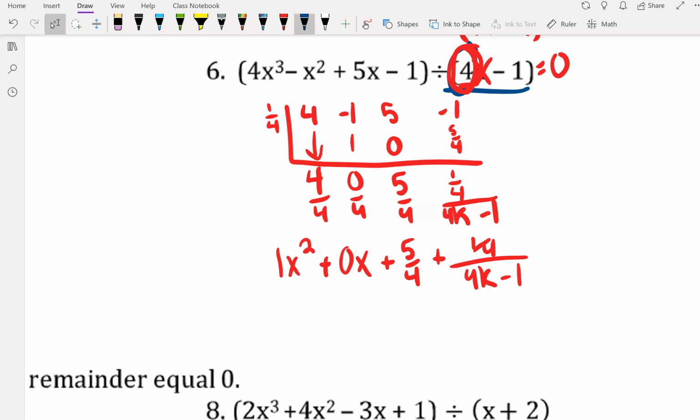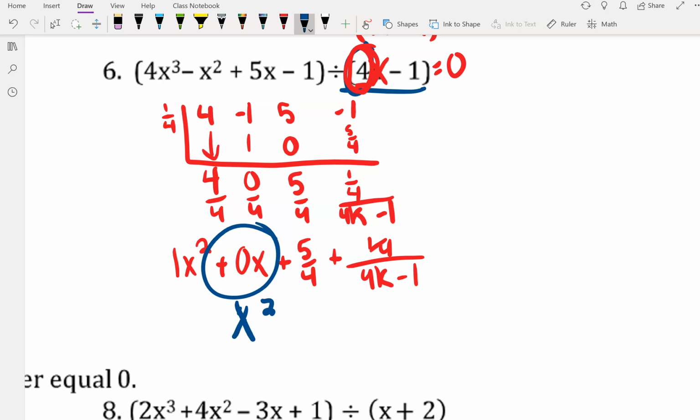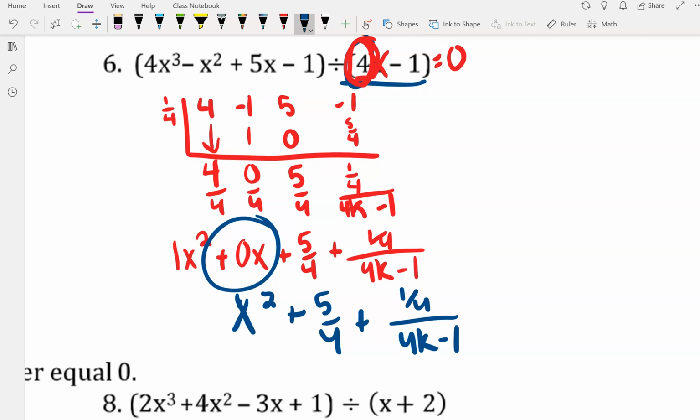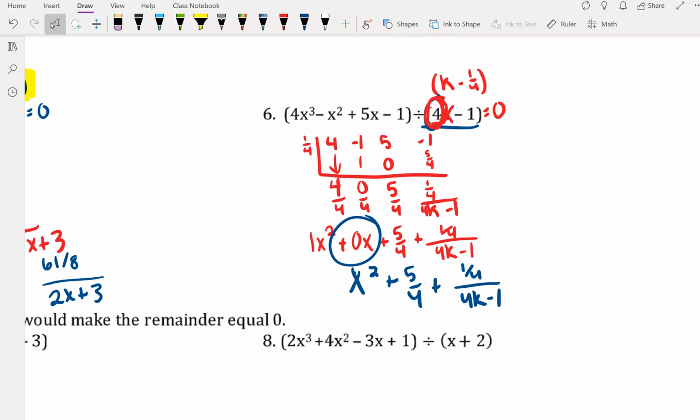Don't need to actually write the 0 here. This could be just x squared plus 5/4 plus 1/4 over 4k minus 1. Technically, you can reduce the 1/4 over 4k minus 1, but I'm not going to be too picky about that.